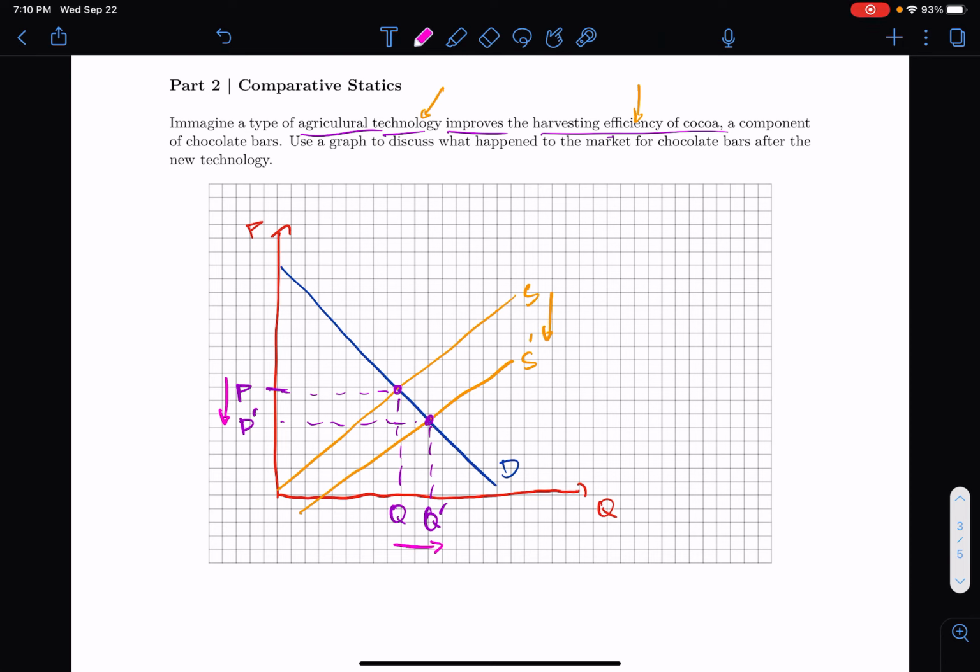Typically when I grade these types of questions, I look for the graph, which really informs our discussion about what's happening in this market. So we have, first, we can say that after the new technology, the price decreases.